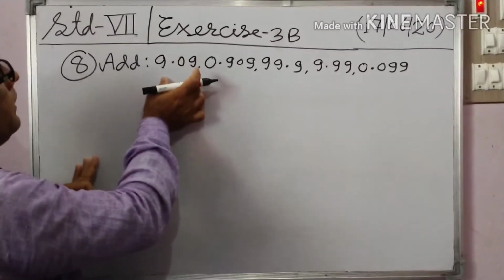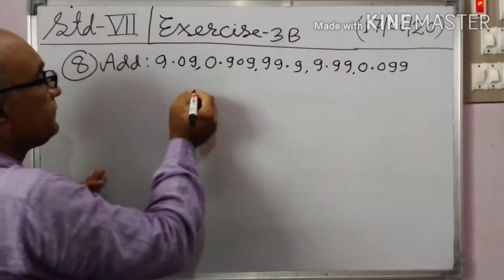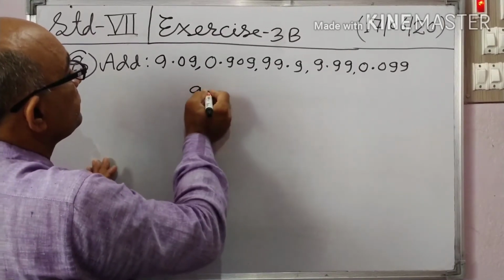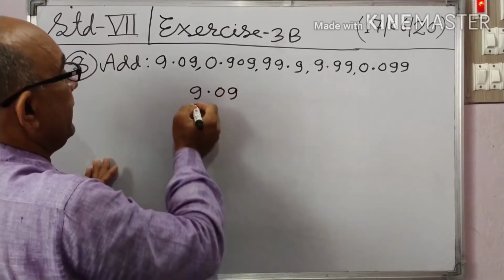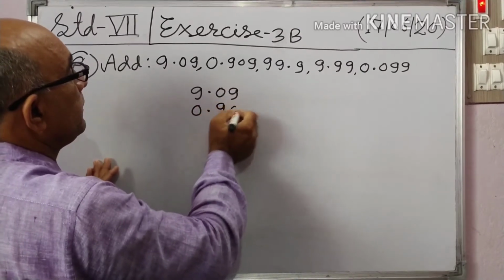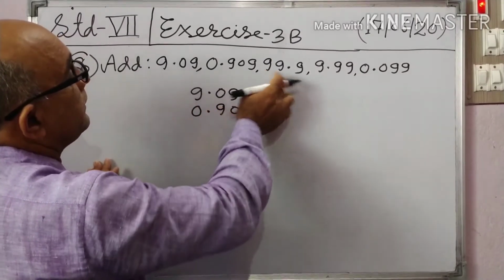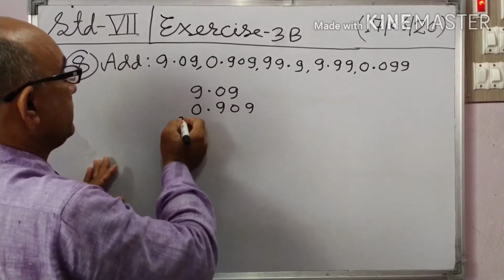Write the first decimal number, 9.09, and second is 0.909. Next, 99.9.